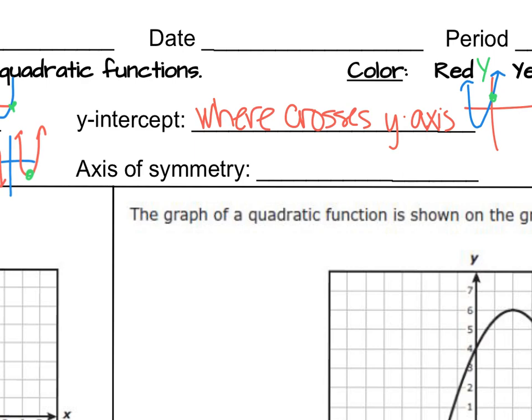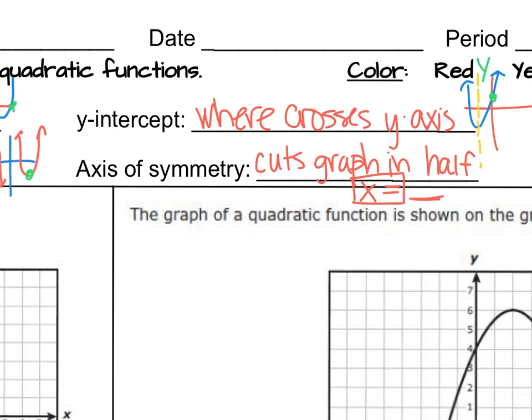And then lastly, our axis of symmetry cuts the graph in half. Our axis of symmetry is always going to be an equation that is x equals some number. It will always be x equals because it will cut the graph straight down the middle. So if we look at this graph, it's going to cut it right down the middle. That's going to be maybe x equals -3. That's the line that makes it symmetrical on both sides.